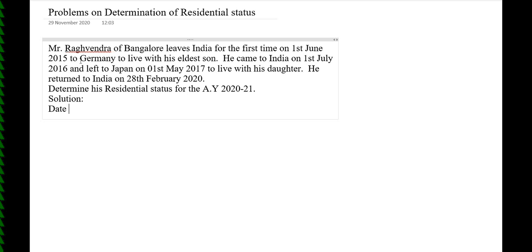So date of departure to Germany on 1/6/2015.